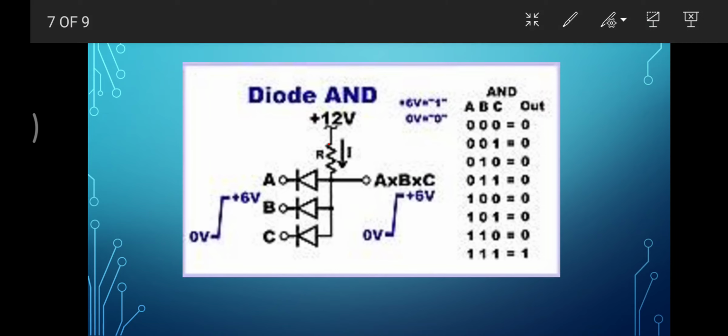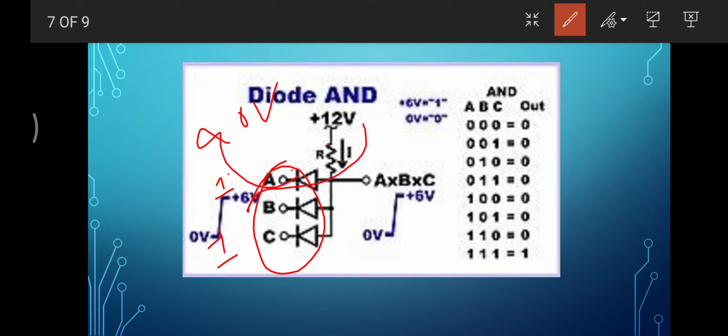You can test this as we tested the previous circuit. If you give 0 to any of them, the output will be 0. The output will be 1 only when you give 1 to all of them. Why? Because if any one of them is 0 volt, the current will flow through it and you will get 0 volt here.